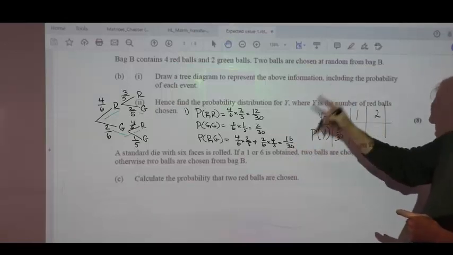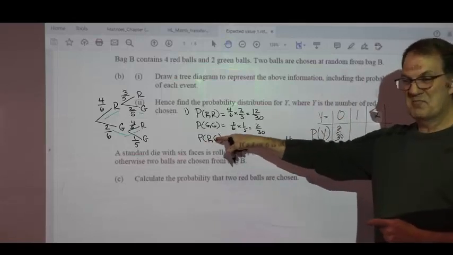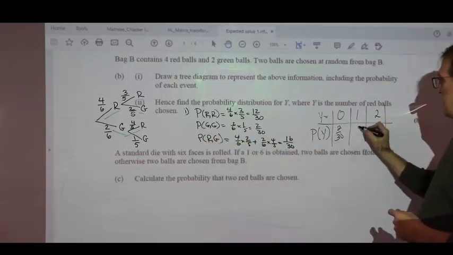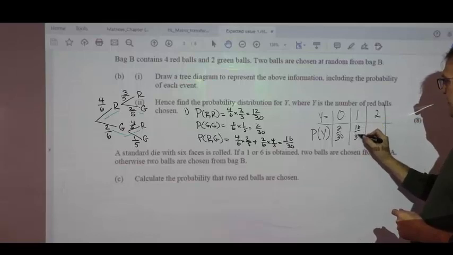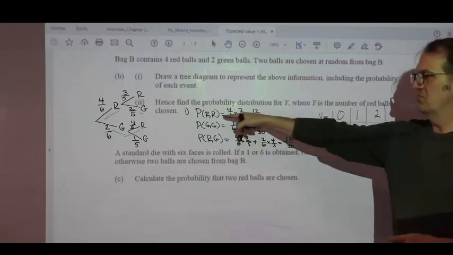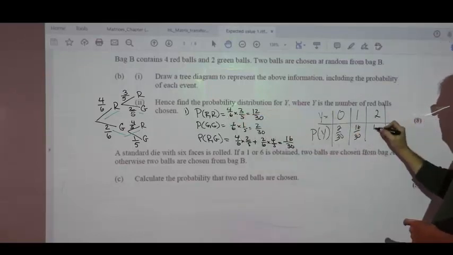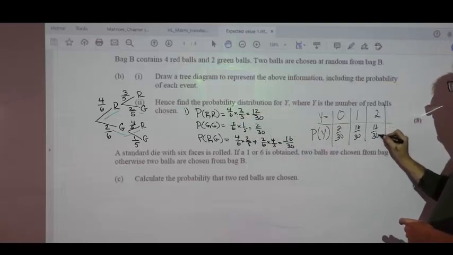The chance of having 1 red, and again, order didn't matter, we have 1 red, so we have 16 out of 30, and the chance of them being both red, 12 out of 30.